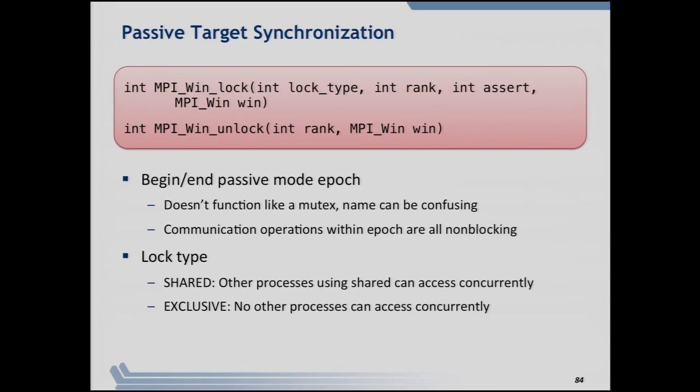So the routines look like this. You normally lock a specific rank. There are exclusive and shared locks, so you can say whether it's okay for other processes to access the target rank's public window at the same time. For example, if you initialized a shared data array that you want everybody to be able to read, maybe when you're initializing it, you do it exclusively.